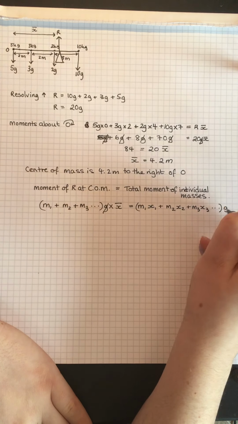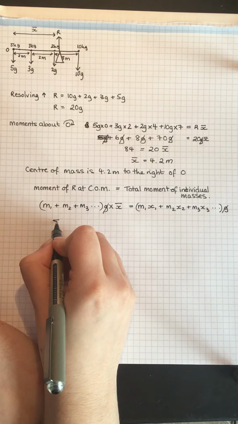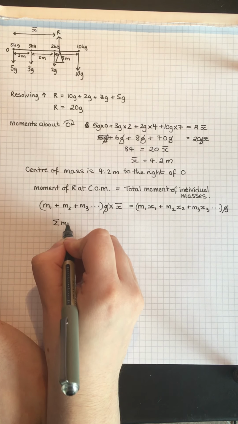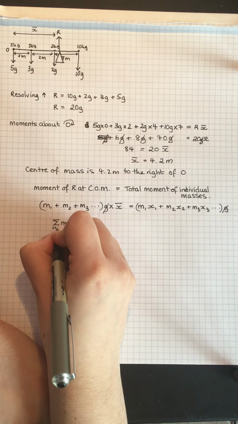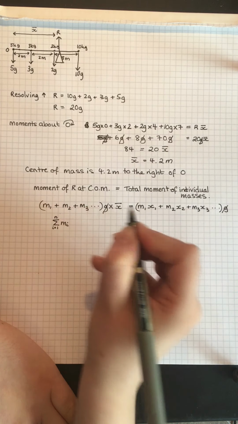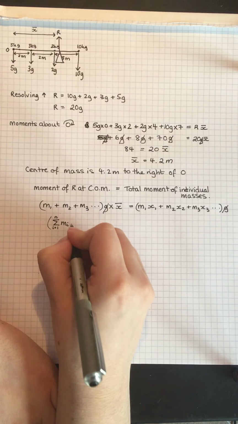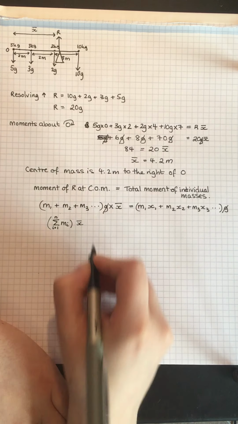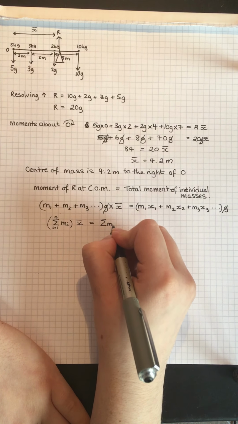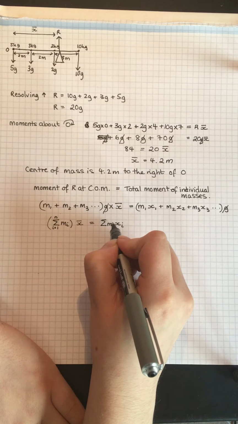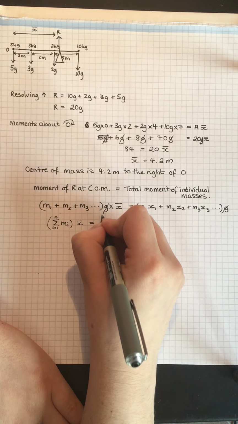Now G cancelled, so we're left with what we can write here as the sum of the masses. So it's often written like this, sum of mi, from i equals 1 to n, however many point masses you might have, times x bar equals the sum of mi xi, so that's each mass times its distance, and again that's from i equals 1 to n.